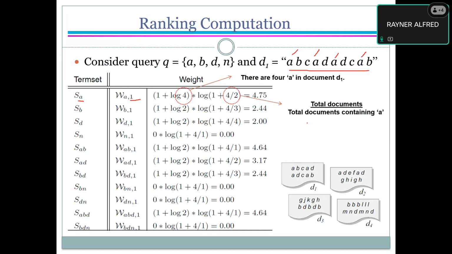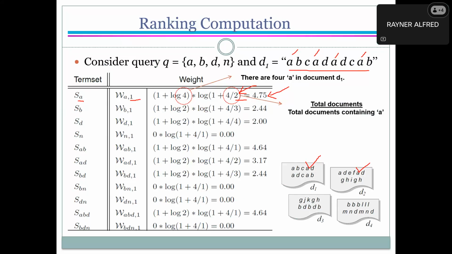So 4 times, that's why we have 4 here. But A exists in 2 of the documents, so we have 1 and 2. That's why we have 2 here. Then we get this. So that is the weightage of A in document 1.